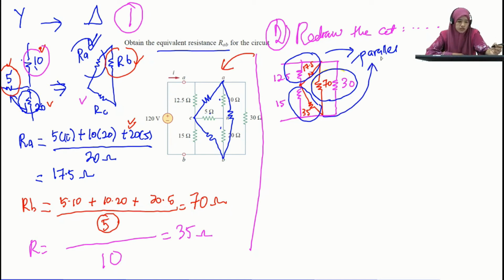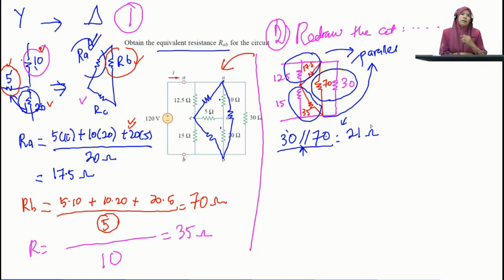So your job is so simple right now. What you need to do is 30 in parallel with 70. This shows that the 30 ohm resistor is in parallel with the 70 ohm. This is how we write it the simple way. You're going to get 21 ohm. I'm not going to calculate this right now. You can just use our previous lecture on how to calculate parallel combinations of resistors.